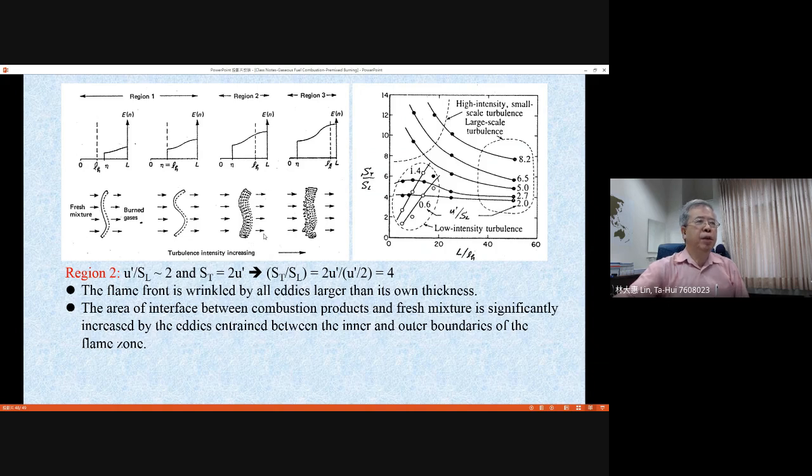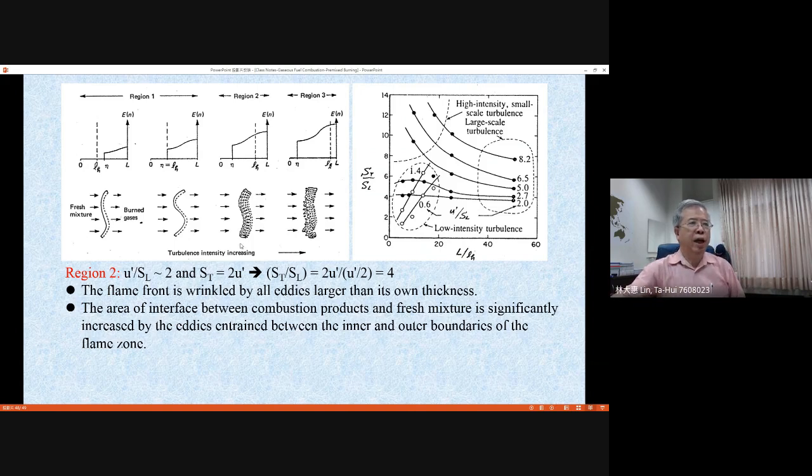This is the appearance of small eddies penetrating into your flame thickness, and when they penetrate into the flame zones, they will enlarge the flame thickness, right?